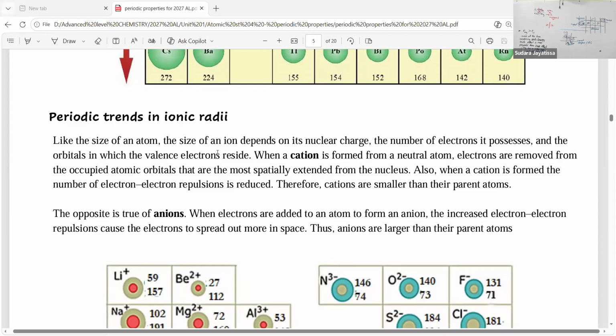Spatially extended means what? Outermost, in difficult words. Underline it and write somewhere: outermost.